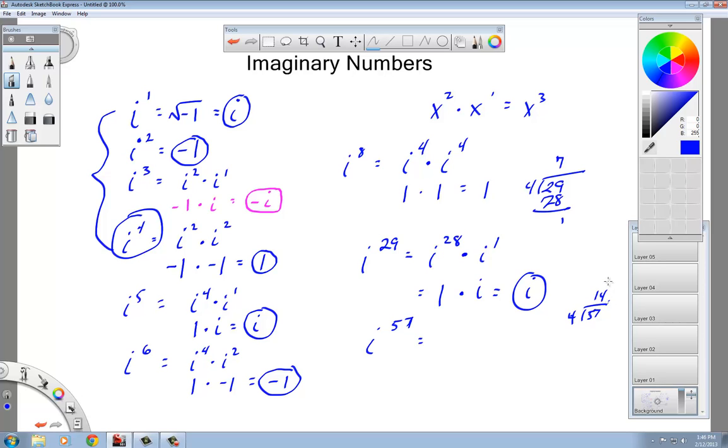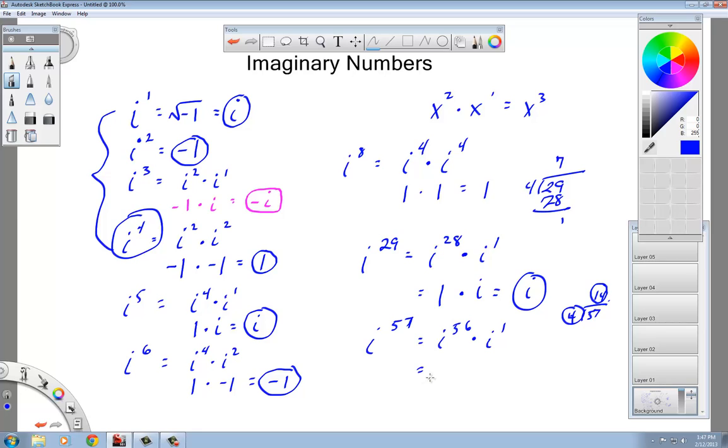So I know it goes in there 14 times. If I take the number 14 times 4, I'm going to get 56. So that I know that i to the 57th is i to the 56th times i to the 1st, because 56 plus 1 is 57.